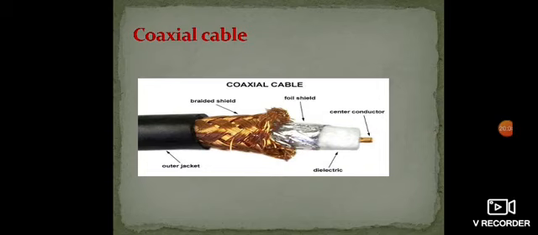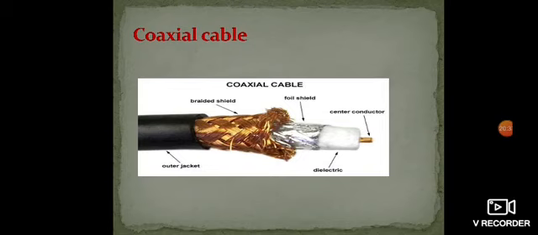How we differentiate them is based on a set of physical specifications: the wire gauge or thickness of the inner conductor, or the type of the inner insulator. Not only that, but also the construction of the shield, the size of the insulator, and the type of the outer covering.